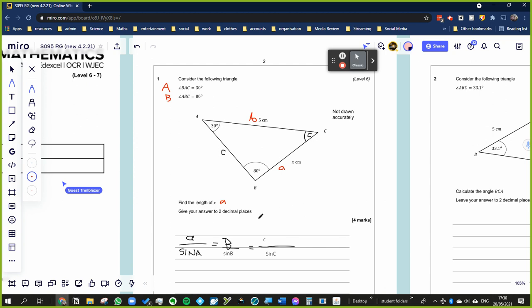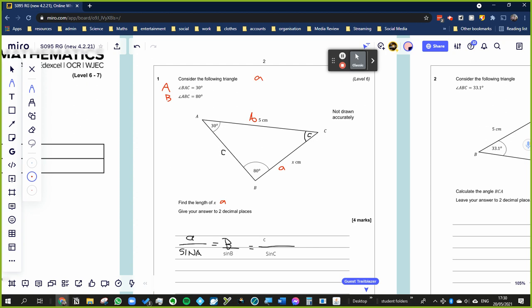So give your answer to two decimal places. Right, well, we've got two angles. So that suggests you're going to want to use the sine rule, because with the sine rule there are multiple angles. With the cosine rule there's only one angle. So let's just rewrite the formula out.